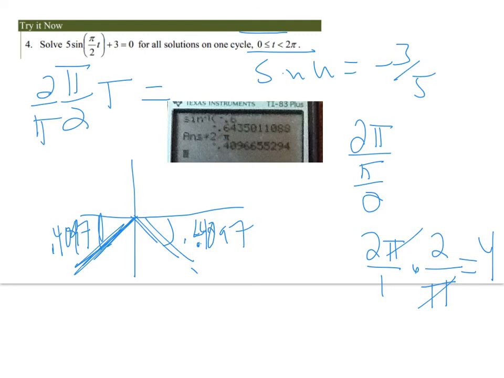So half the period is 2. So the first answer is going to be 2.4097. And then here I'm going to do 4 minus 0.4097.